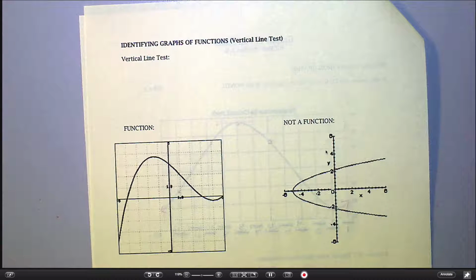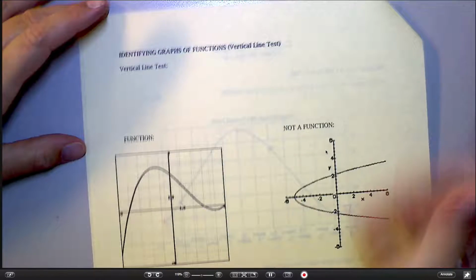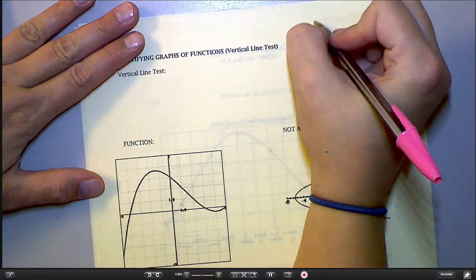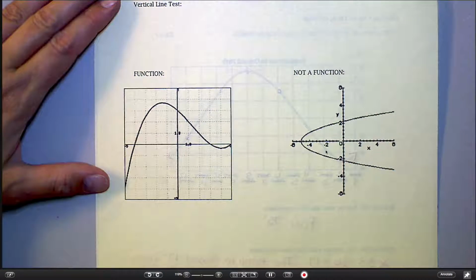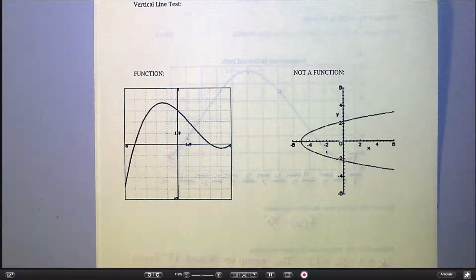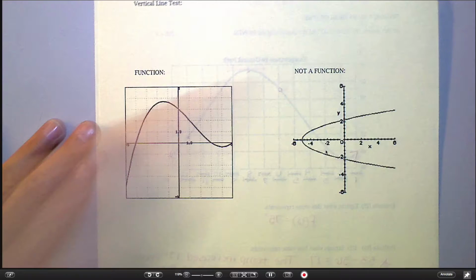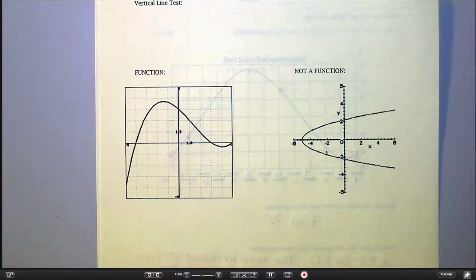Do you remember what makes something a function? Drew, go ahead. For each value in the first set, there's only one value in the second set. Yep. And when we're talking graphs, what are our sets? X and Y, yep. So if you're looking at a graph, let's look at our examples first and then we'll go back and write what the vertical line test is. A curve on a graph is made up of a bunch of points, right?